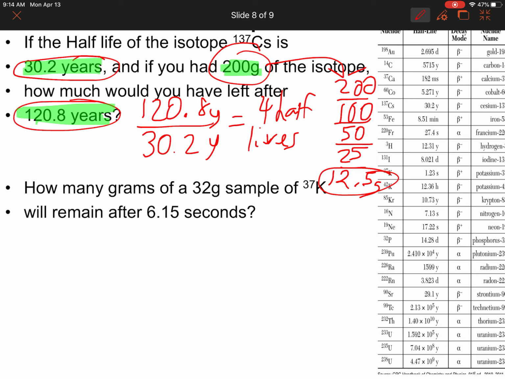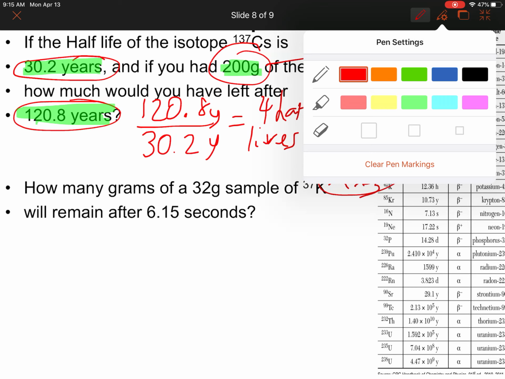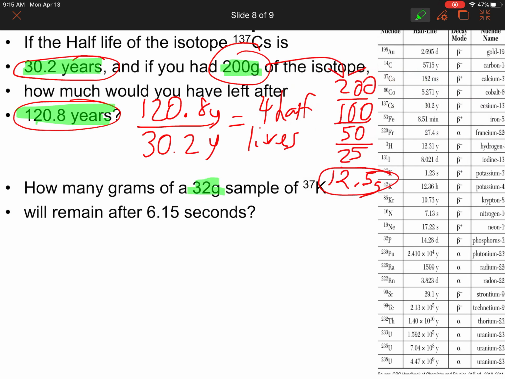Okay. Let's move on. How many grams of a 32-gram sample of K-37 after 6.15 seconds? So you notice, guys, it gave us 1 unit of mass, 32 grams, and 1 unit of time, 6.15. That means we need to look up the half-life for K-37.